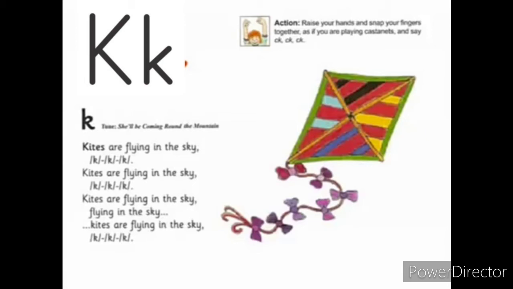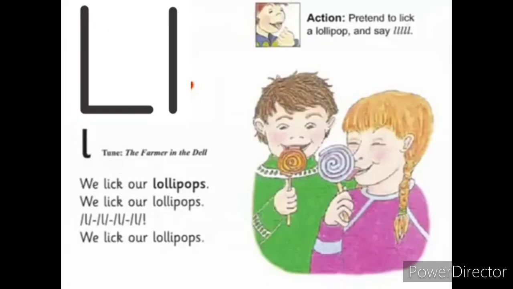Kites are flying in the sky, flying in the sky. This is alphabet L. We lick a lollipops.